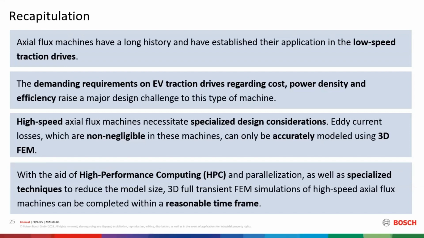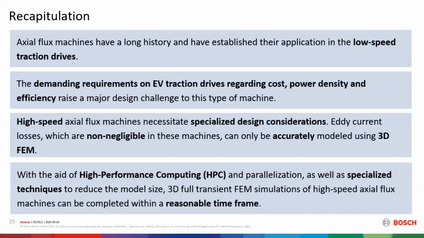And today's EV market is really competitive, and all the manufacturers are perpetually seeking cost-effective solutions, of course meeting all the requirements at the same time, especially the efficiency-related KPIs. And high-speed axial flux machines have not been widely studied. They require special design.